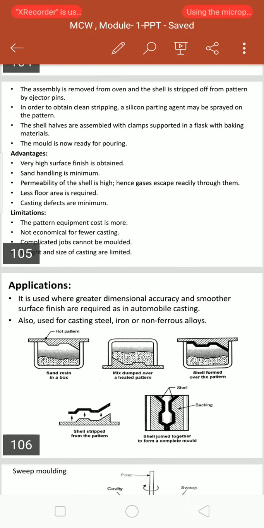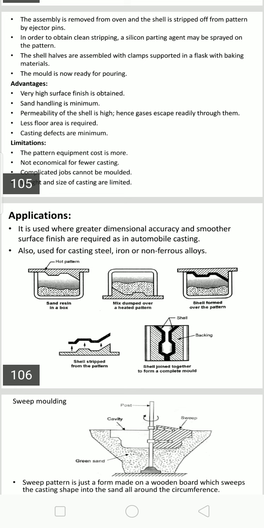This is very important, otherwise the shell molding mixture may stick to the pattern. So don't forget to apply the silicone oil, which is required for separation of the shell from the pattern. Once you heat the pattern, it is to be kept on the dump box as shown in the figure.